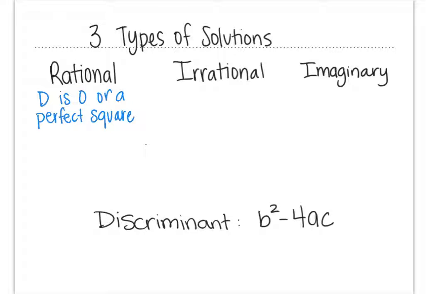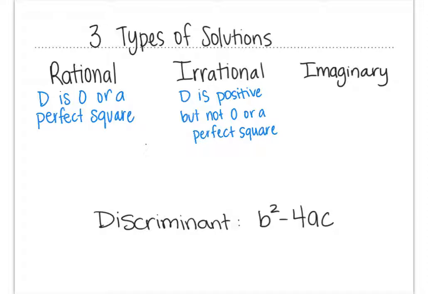You will get irrational solutions when the discriminant is positive, but not 0 or a perfect square. And then finally, you will get imaginary solutions when your discriminant is negative.